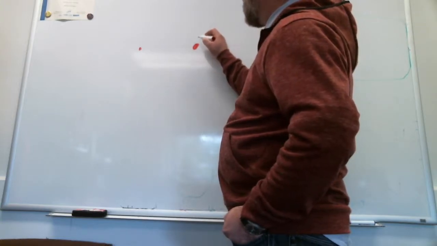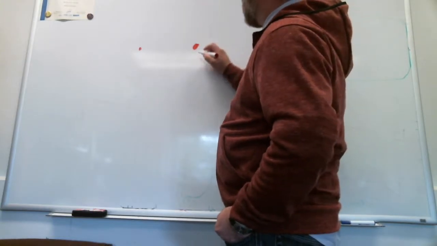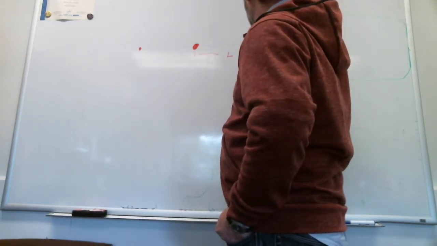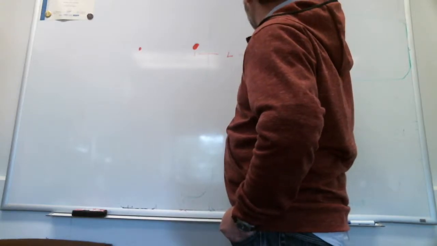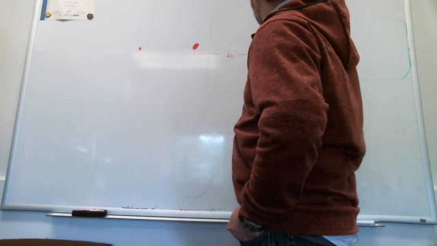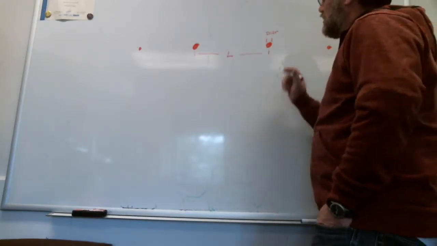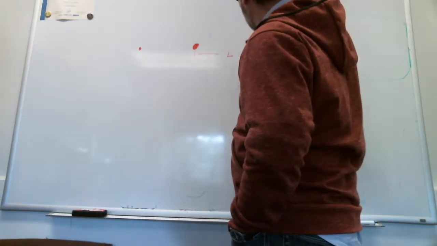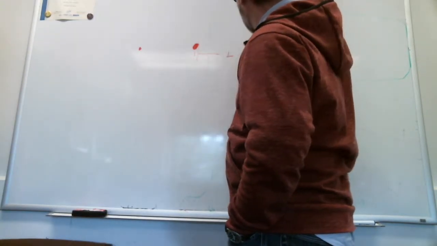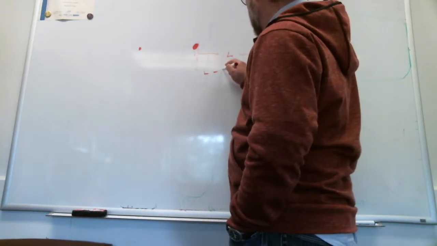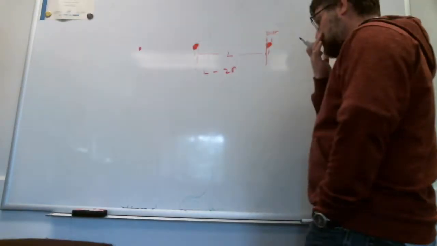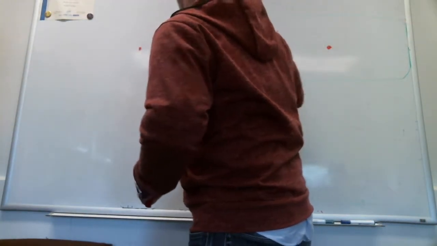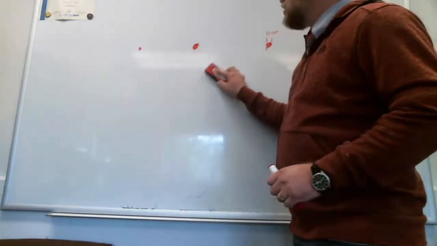And so what we did is we set this up so the distance between the particles was L. And if the particles had a diameter of 2 times the radius, a radius of r, the width of this actual channel that the dislocation has to go through is going to be L minus 2r. So that's just the geometry of this system.